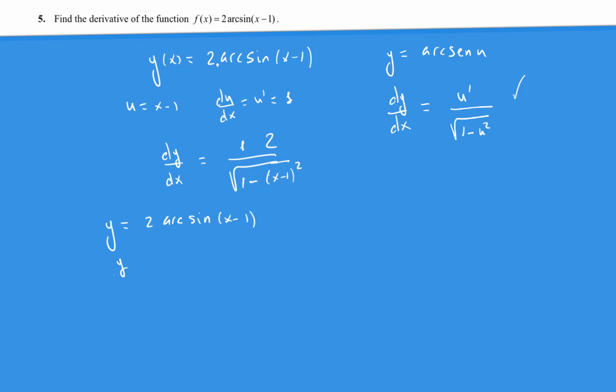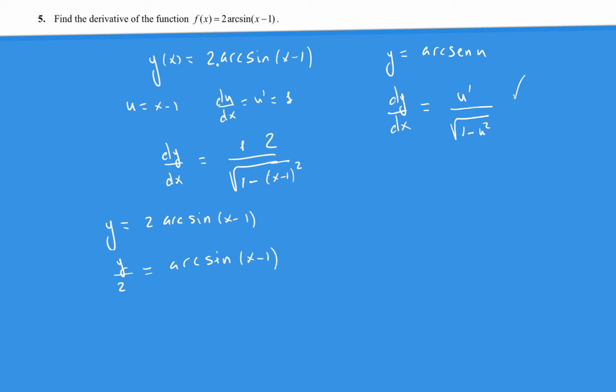So y divided by 2 is arcsine of x minus 1. Perfect. And now what will we do? Well, I want to find the derivative of y with respect to x.